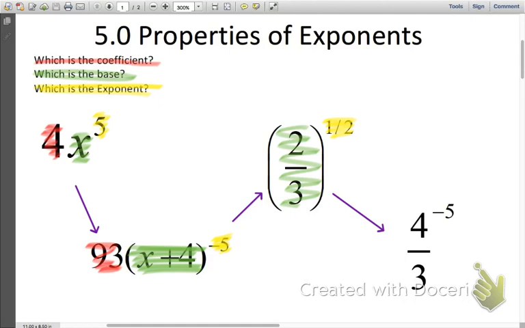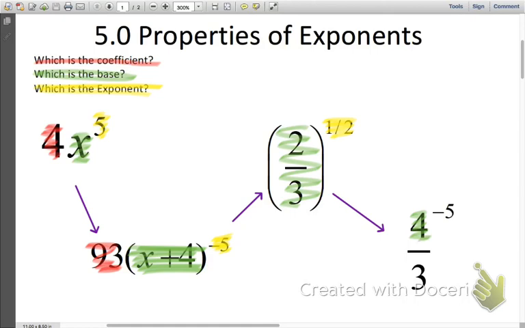Why isn't it the whole thing? Because, very good, there's not a parenthesis. If there was a parenthesis around it, then it would just be like the 2/3 to the 1/2 power. There's no parentheses, so the only thing that is the base is going to be your 4.